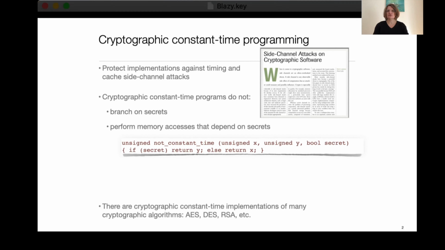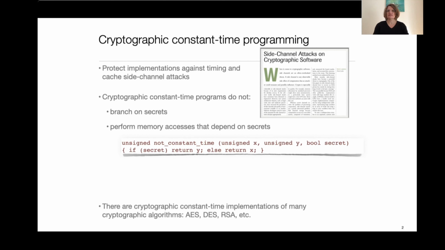The notion of security we address is cryptographic constant time. It is a popular software-based countermeasure to protect cryptographic implementations against timing and side-channel attacks that exploit the execution time of programs.